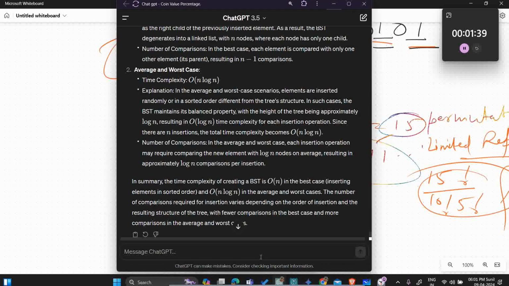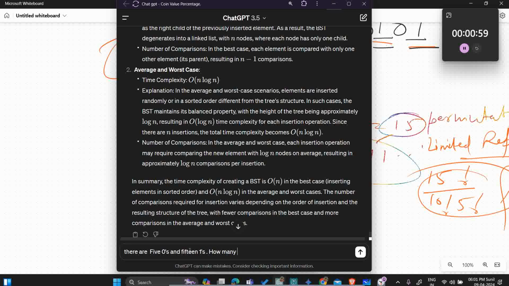Can we check this question on ChatGPT? There are five zeros and 15 ones.